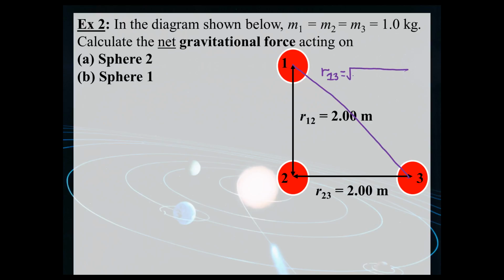So that would be R13 is 2.00 meters, all squared, plus 2.00 meters, all squared, and then R13 would be equal to, let's go to 3 significant digits, 2.83 meters.